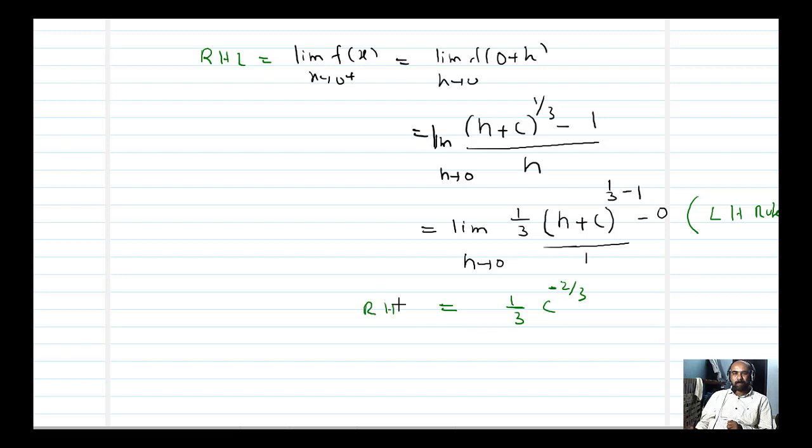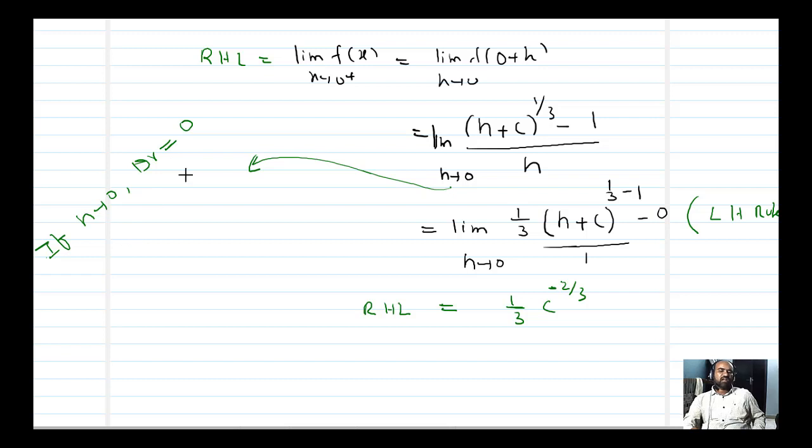Okay. So this is one important thing. One more thing I will write here directly. So here is an important step. If h is tending to 0, the denominator is equal to 0 or tending to 0, so for h tending to 0, the numerator must tend to 0.